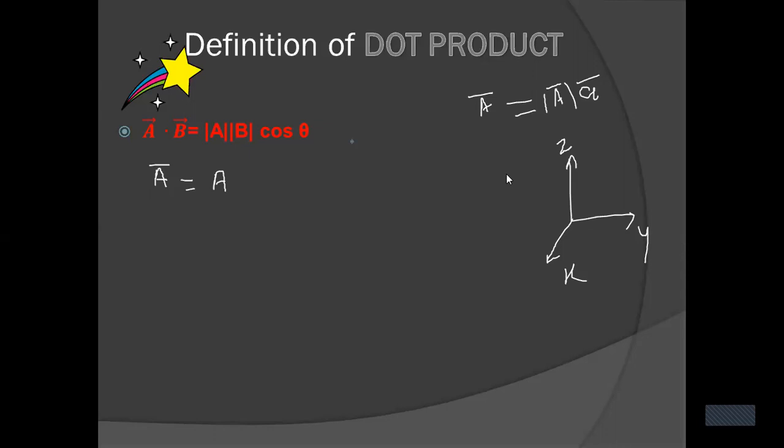How do we write vector A bar in three dimensions, that is in X, Y, and Z direction? Any vector can be written as its magnitude into direction.